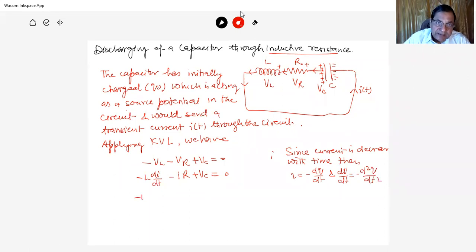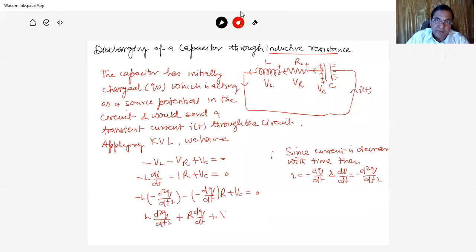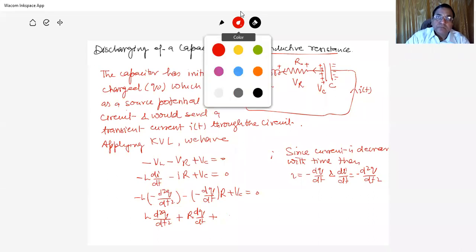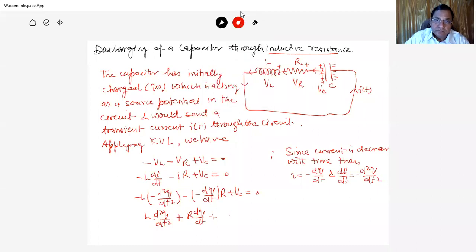So this is minus L times minus d2q by dt square, minus dq by dt times R, plus VC is equal to 0. So these two minuses make positive: L d2q by dt square plus R dq by dt plus q by C is equal to 0.